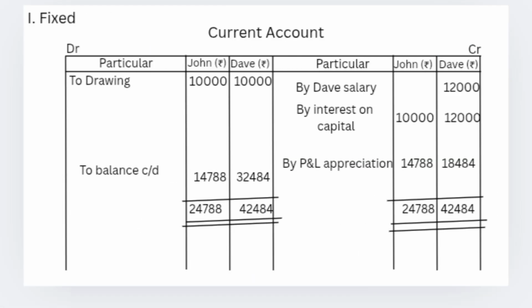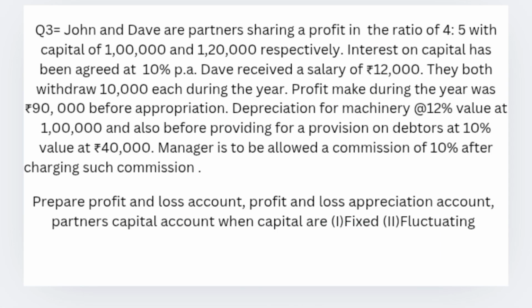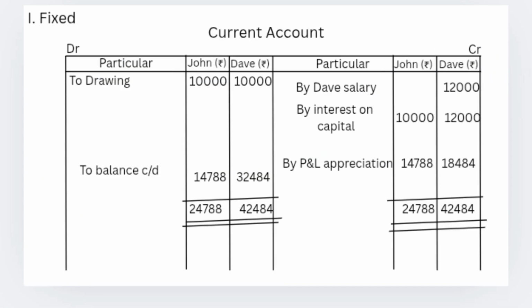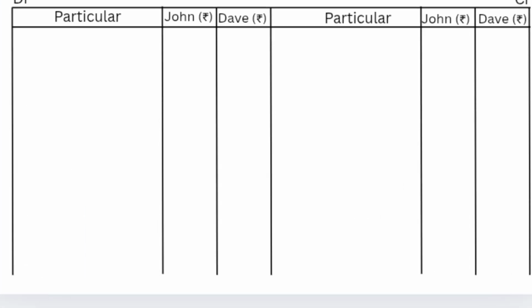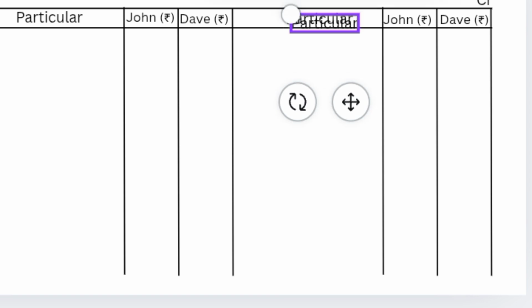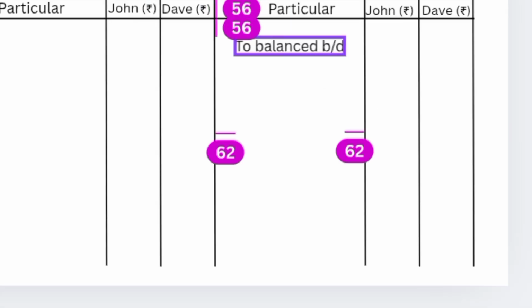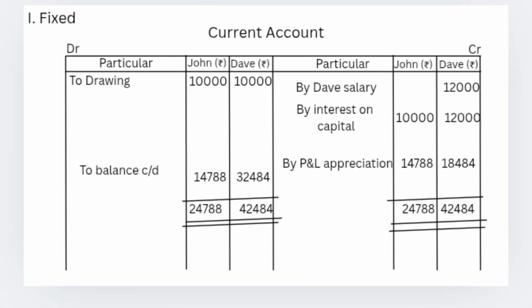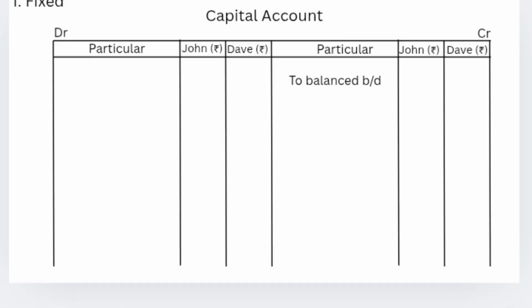Since there is no item in the current account, we will write only the balance brought down, which is from the current account. We'll write on the credit side, and the amount is 14,788.